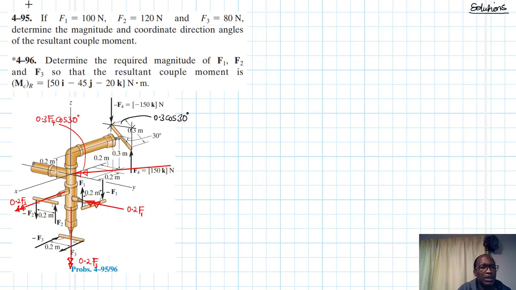Okay, but since this is in the xy plane, we need the components, right? So let's get the components. So I'll have one component in the x-axis like so. Then I'll have another component in the y-axis like so.